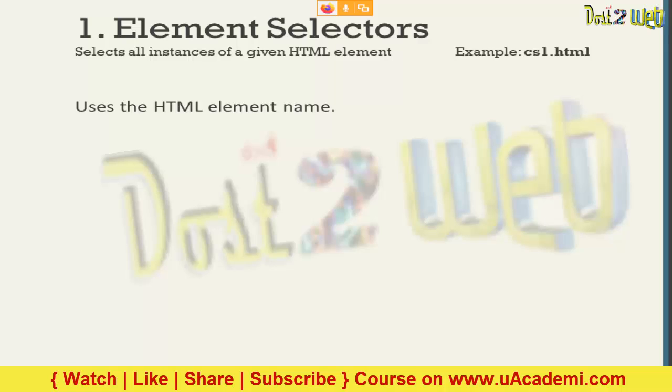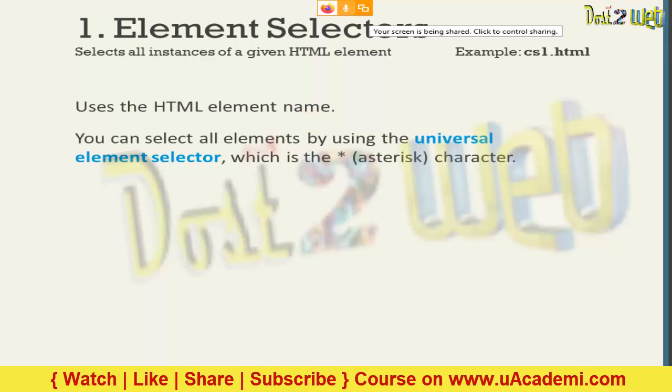If you want to use the element selector, first you have to use the HTML element name. The moment you define the element name, you can select all elements by using the universal element selector. That is nothing but the asterisk symbol, the star character.